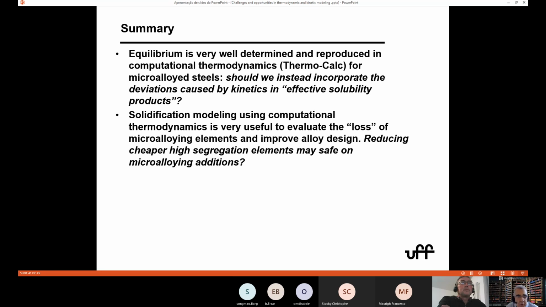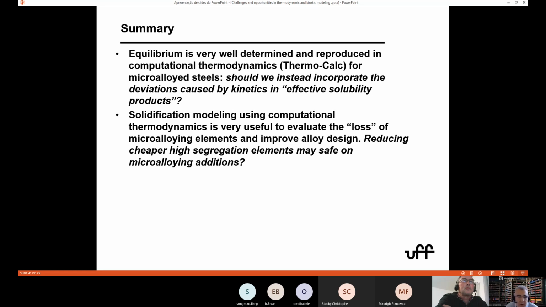Now, the solidification modeling is very, very important, because when you look into the cost, it's not just a question of designing your steel, but designing an efficient steel that you don't lose your niobium. I have a case, I couldn't show you, in which we had vanadium in the dendritic solidification precipitate. So you say, well, vanadium normally only precipitates at 900 or 1000.